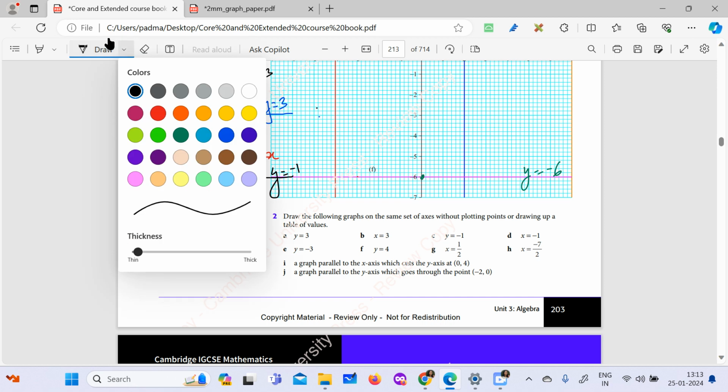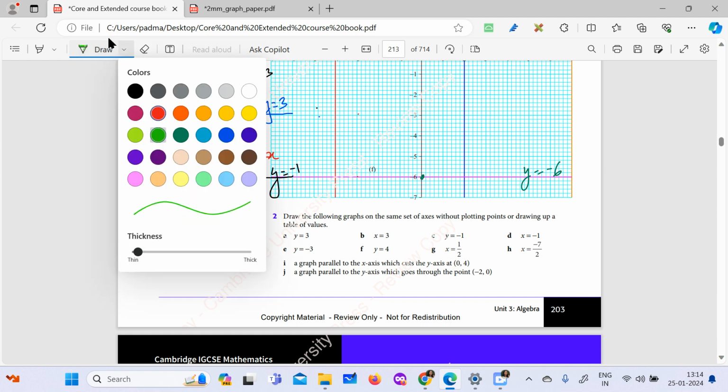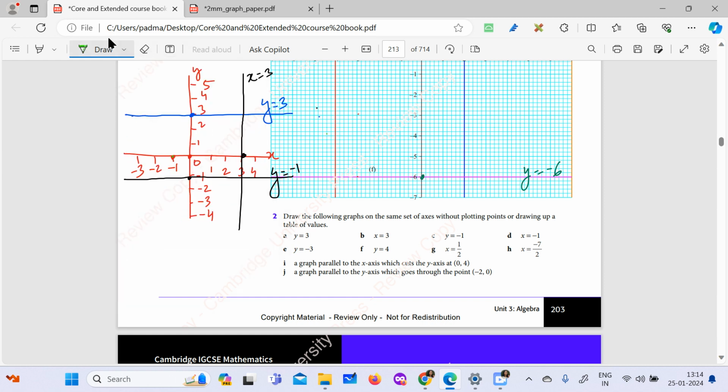For x is equal to -1, we will draw on the negative part of the x-axis. So this is my -1 and I will draw a straight line and write here x is equal to -1. I hope this is clear to everyone. Okay, now let's look at the next question.